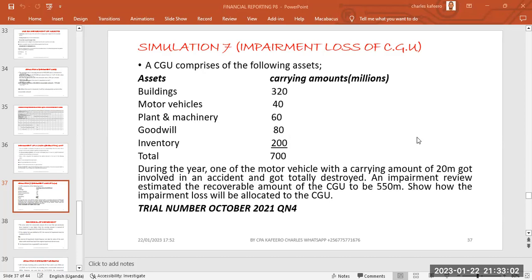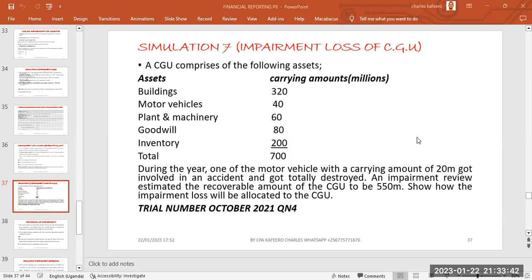Then the other one we look at is now a comparison whether the asset is impaired by comparing the carrying amount of the CGU or the cash generating unit and the recoverable amount of the cash generating unit. When we have done that, then we look at now the impairment loss we've computed, and we try to make sure that we allocate that impairment loss in the following order, which I'm going to give you.